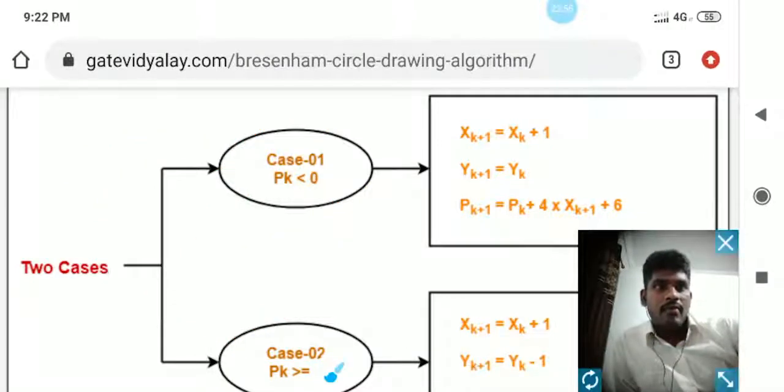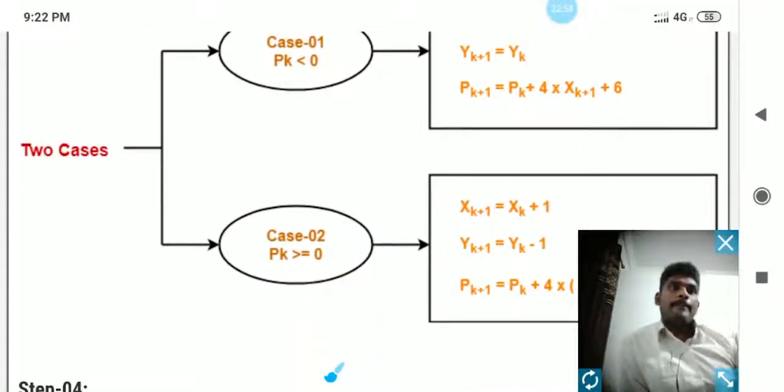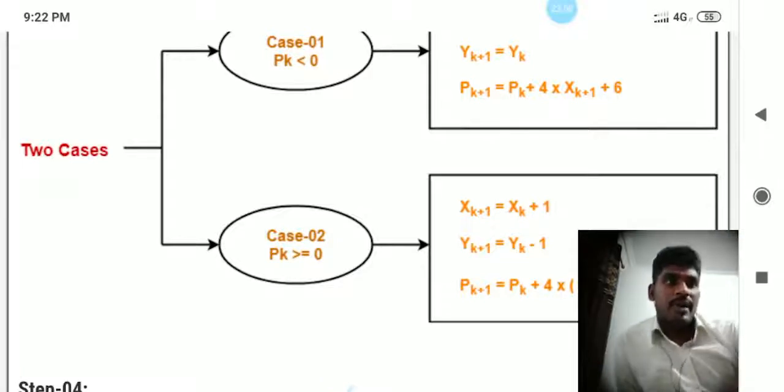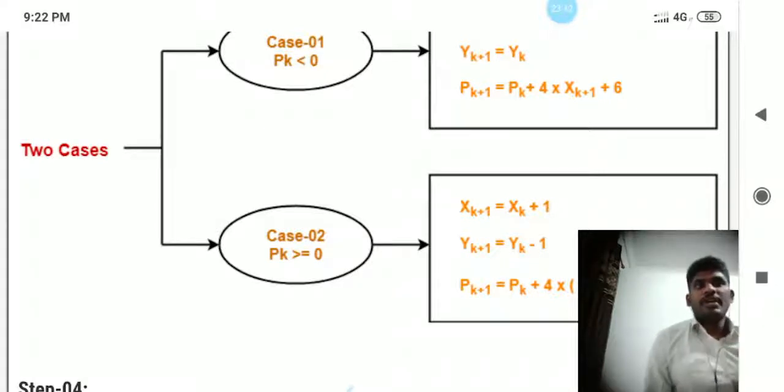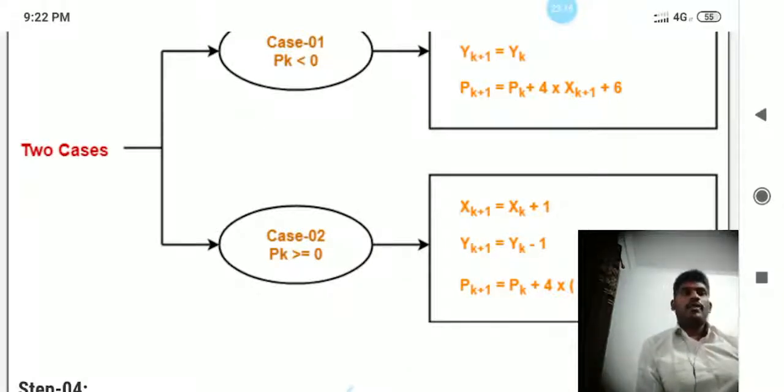Then we have to find the decision parameter. The decision parameter equals pk plus 4 into xk plus 1 plus 6. This is the equation that we have to follow. Based on this, we will select the next coordinates.